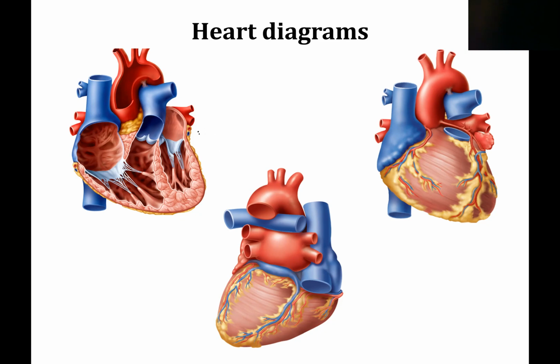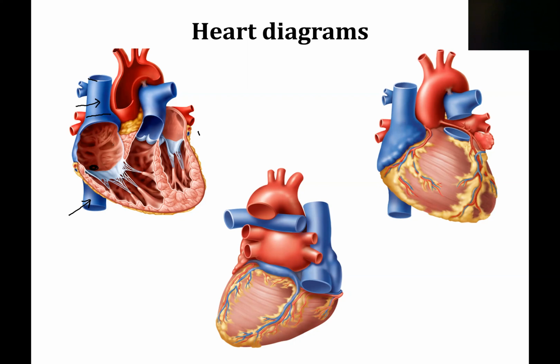So if we start here, we have the superior vena cava. It goes from here down to this edge here. We have the inferior vena cava, which goes up behind and has its own opening into the atrium.